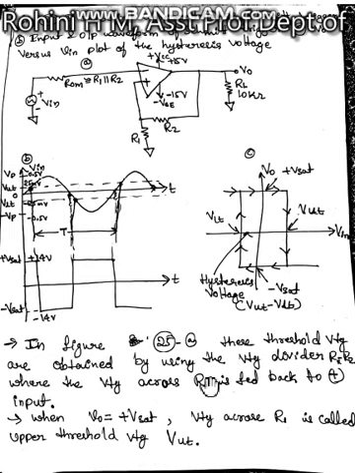In circuit A, the threshold voltages are obtained by using a voltage divider R1 R2, whereas the voltage across R1 is fed back to the input. When Vout is equal to plus Vsat, the voltage across R1 is called the upper threshold voltage, VUT.